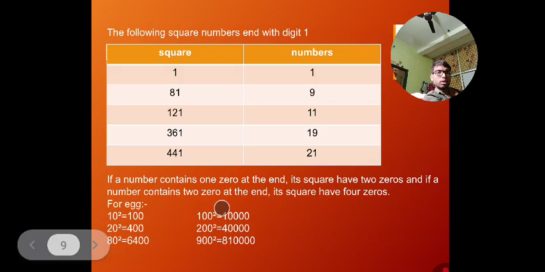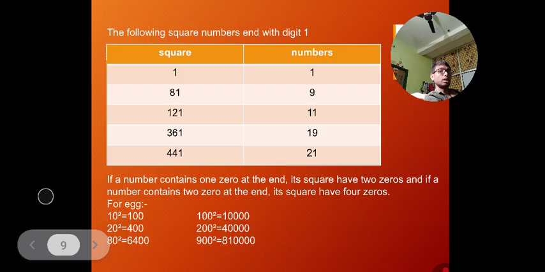If a number contains 1 zero at the end, its square has 2 zeros, and if a number contains 2 zeros at the end, its square has 4 zeros. For example, 20 has one zero, so the square of this would have how many? 400 has 2 zeros.